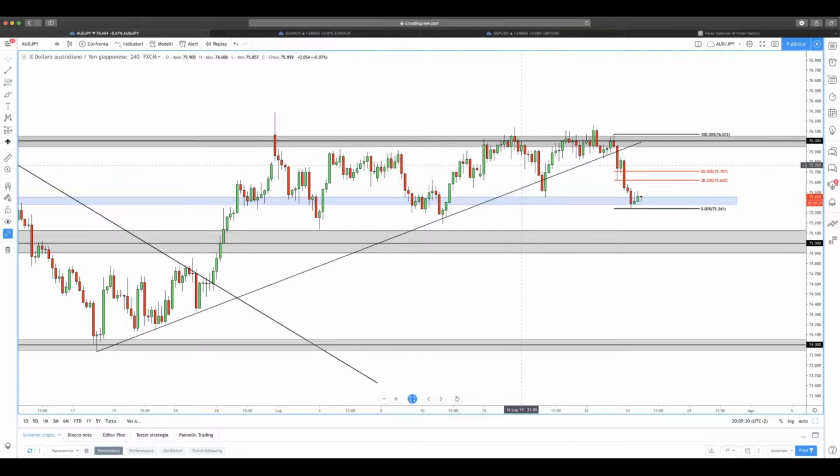If the price will finally break this slowdown area, I expect first of all a clear touch of this key level 7.5, and obviously a clear daily closing below this level will give us the final signal that the price will be ready for a deeper movement and a bearish movement with target around 7.4.